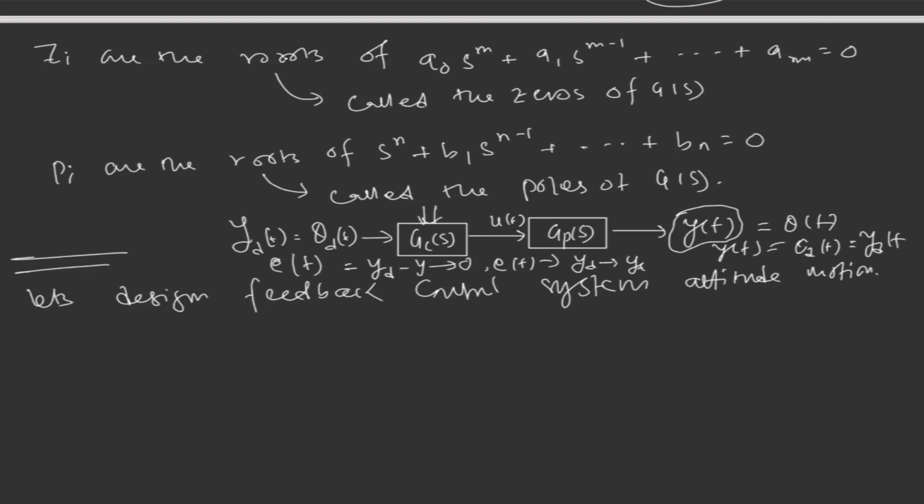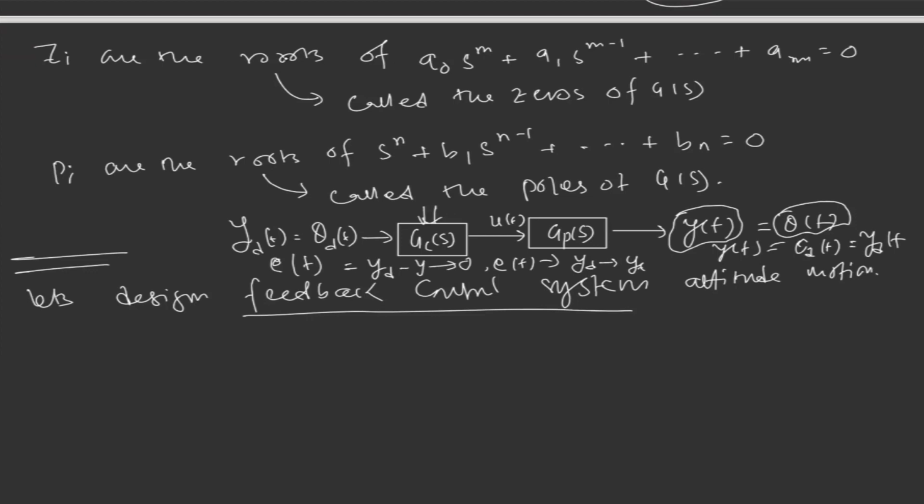So we need to consider the feedback control system where we'll have a sensor on board, and the sensor will measure the current value of the attitude, and this current value will go to some kind of summing point where we'll find the error, and that error will go to the controller, and the controller will provide the necessary control torque to the system.